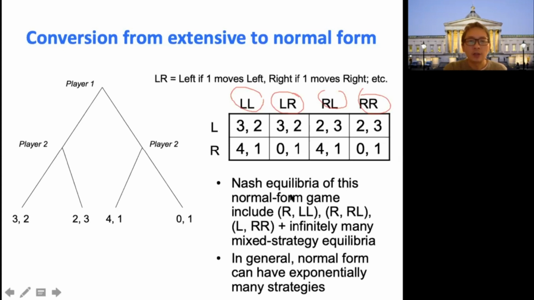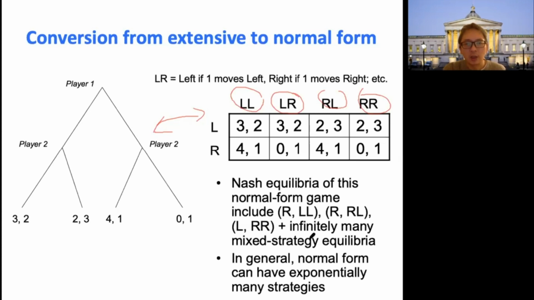By doing this, you could write it down as extending to the normal form game. So in this normal form game, in fact they have infinitely many pure strategy equilibria. So it's not saying that when you convert to the normal form game, you have equivalency in terms of this equilibrium, or in terms of the set of equilibria.